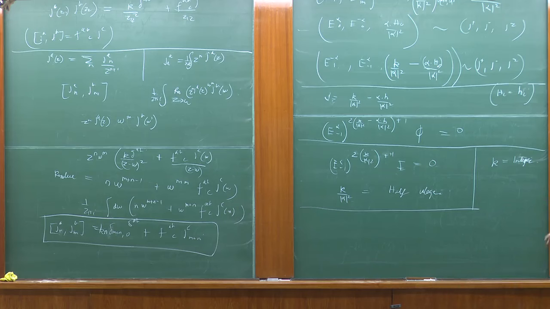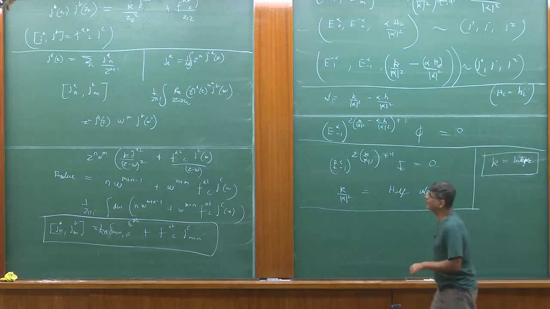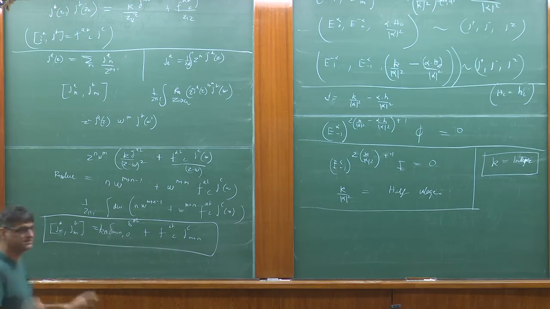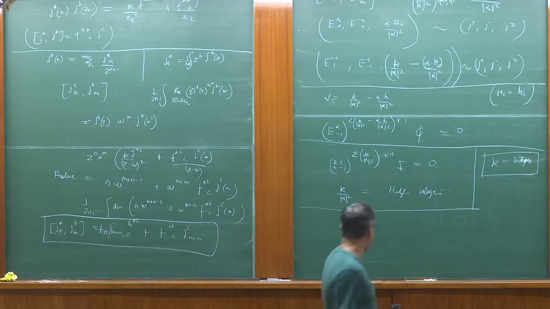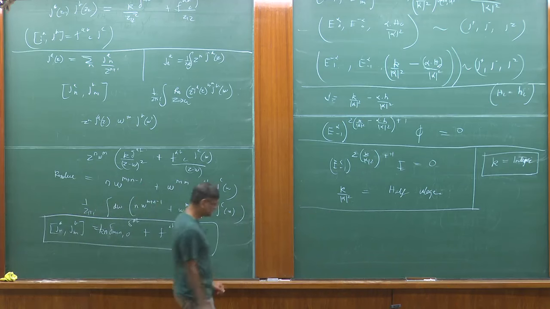Excellent. So what we've got is that with our normalization as defined that way, k has to be an integer. All good? Next thing, what can we say about allowed highest weight states?